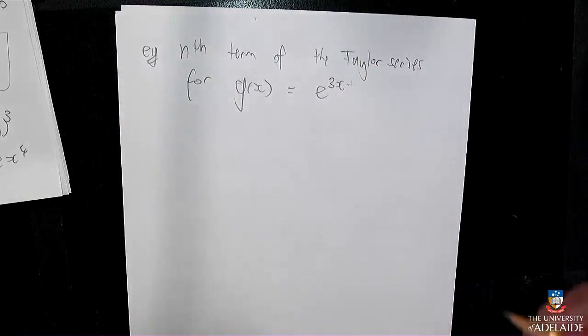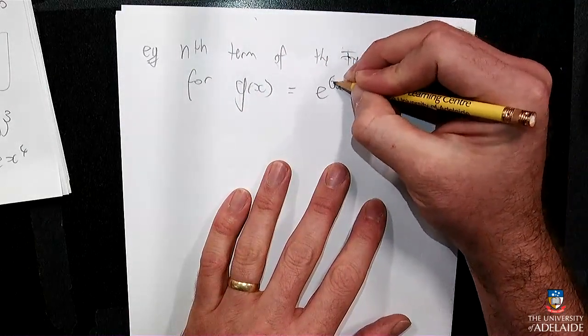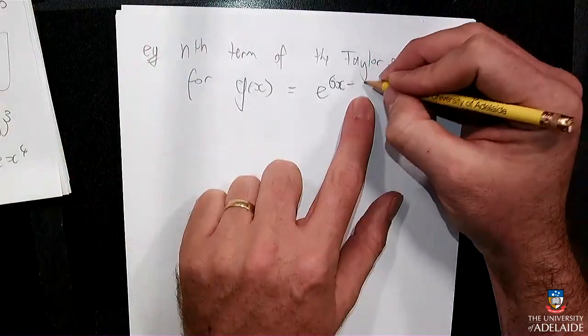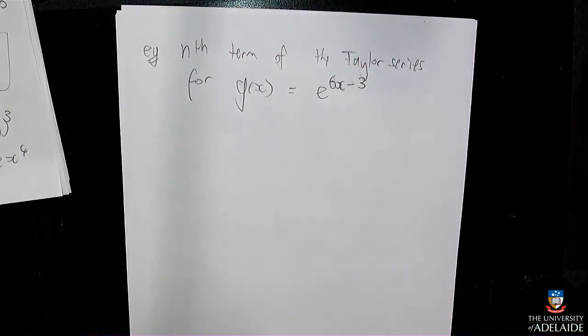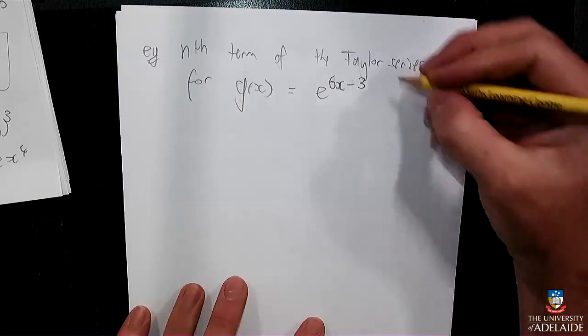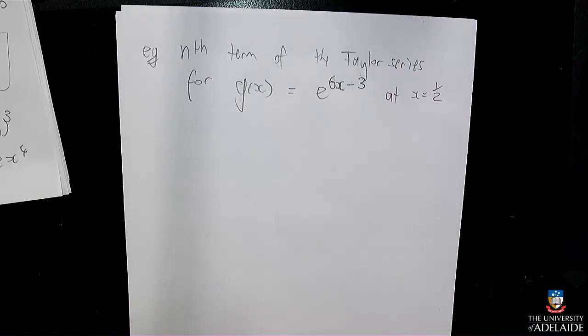Yep, that's my function. e to the 6x minus 3, 6x minus 3 up in the power, at x equals a half. Yeah, let's make it fun.